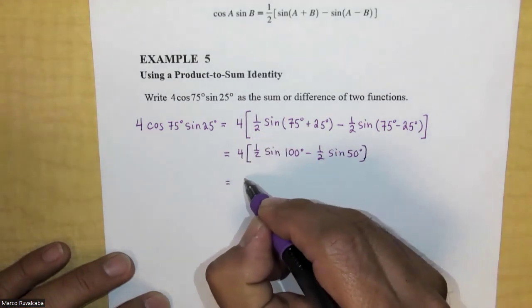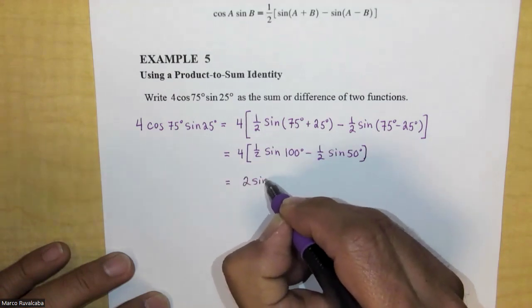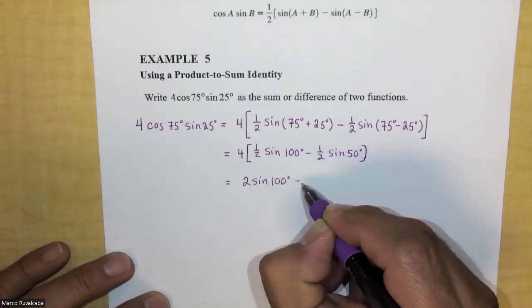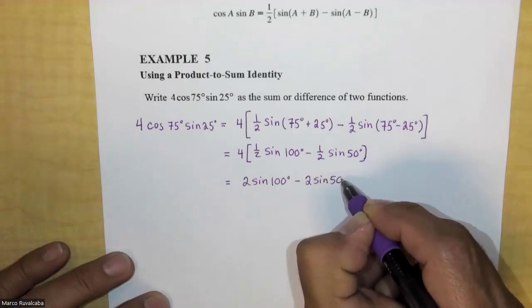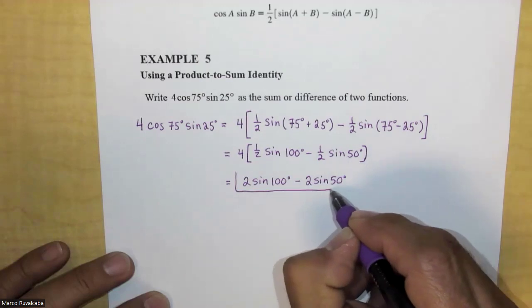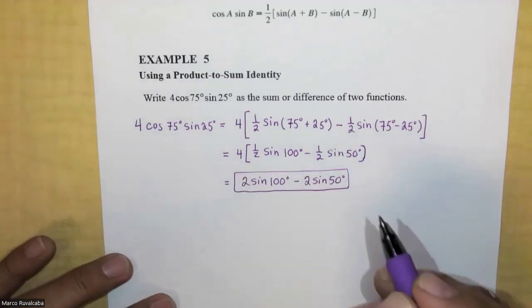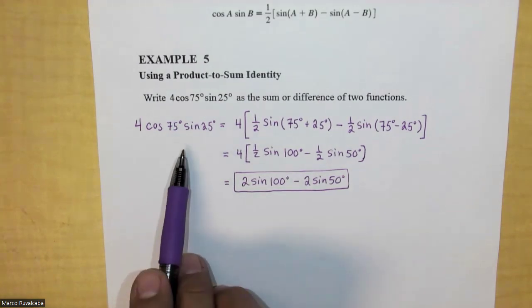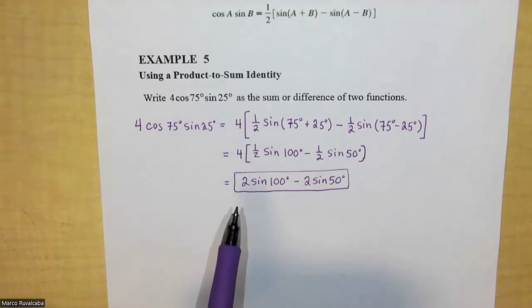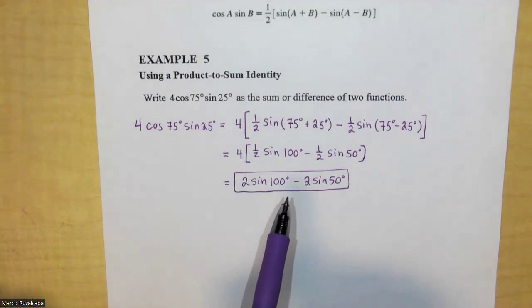So 4 times 1/2 is 2, and minus 2 sine of 50 degrees. So that converts a product of trig values into a sum or difference of trig values.